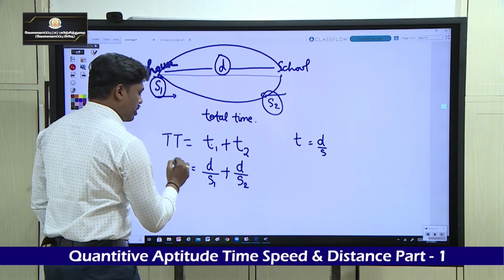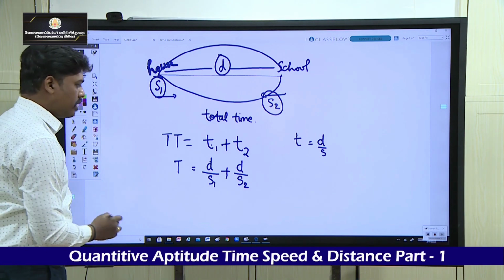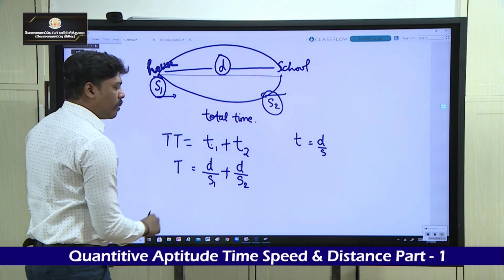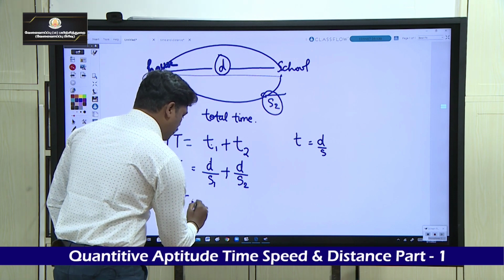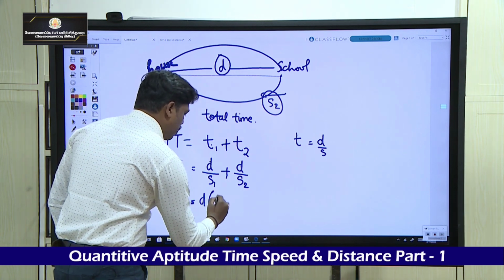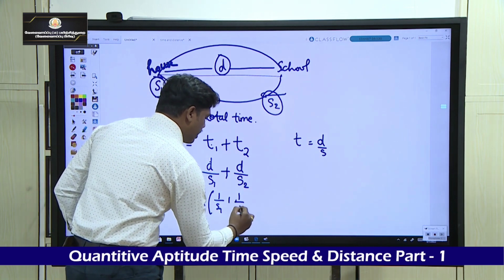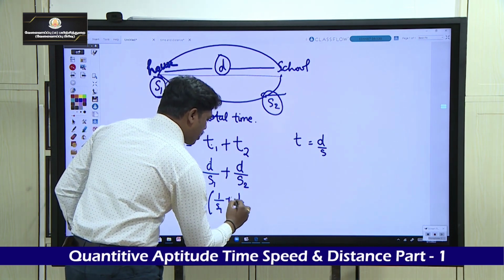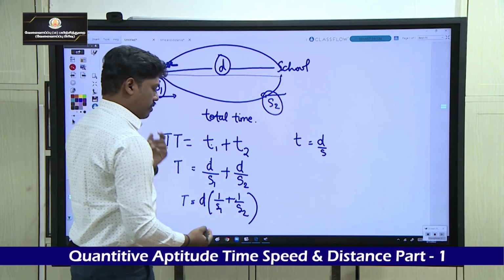This is the total time taken, T. Now what can we do here? Take out D common. So T is equal to D into 1 by S1 plus 1 by S2. Now do a cross multiply here.